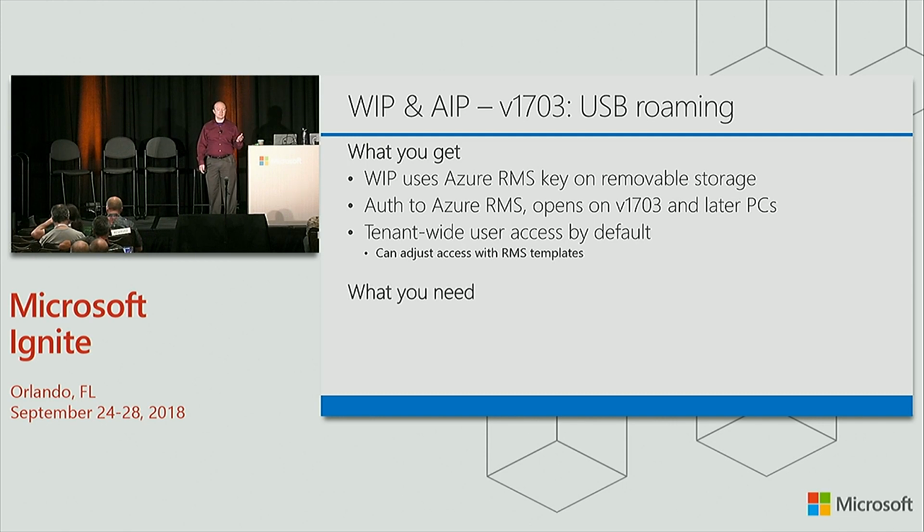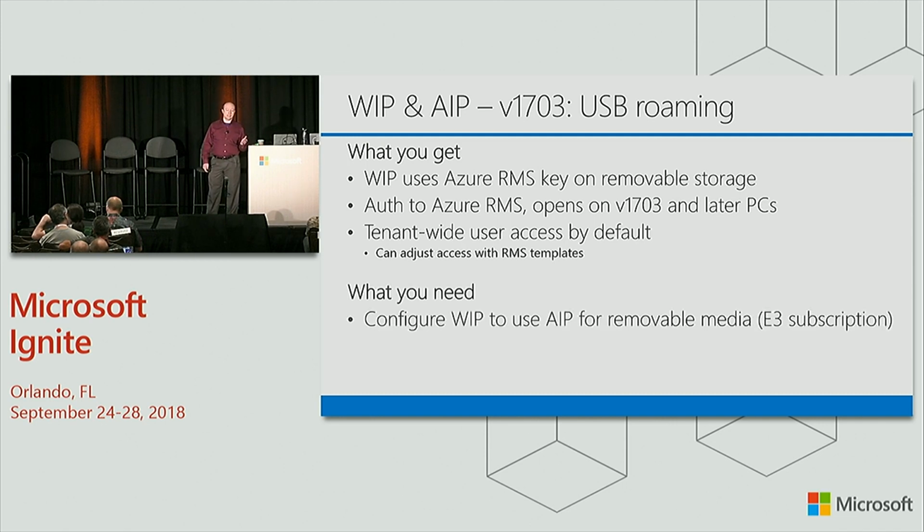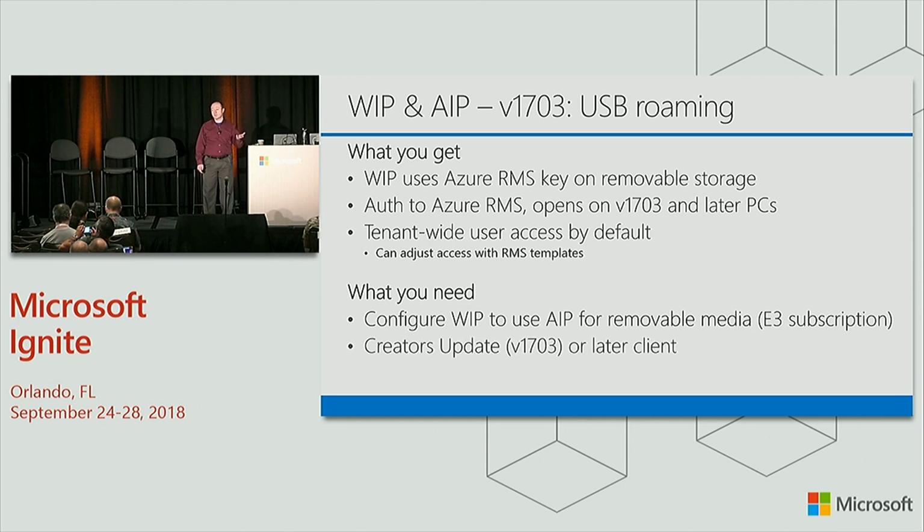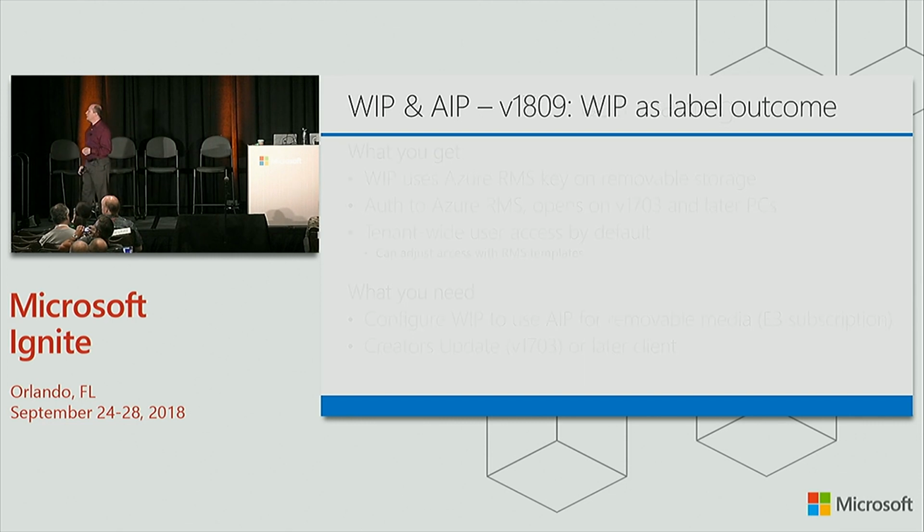What you need to get this going is you need to check a box, basically. You need to have an E3 license in Intune, and that's it. And of course, you need the Creators Update, which most of you should already have. If you haven't rolled it out yet, why not skip to 1809?